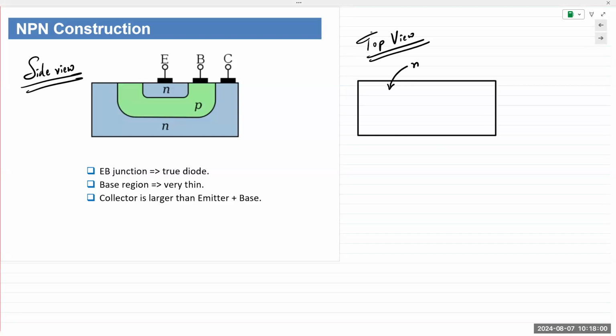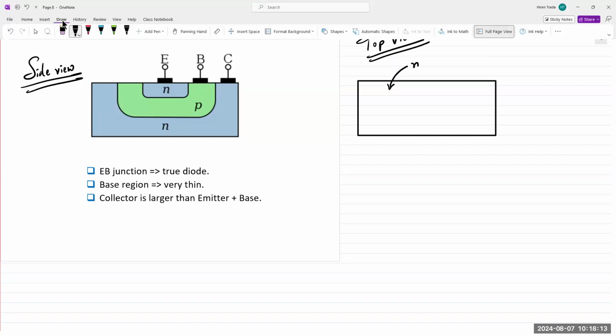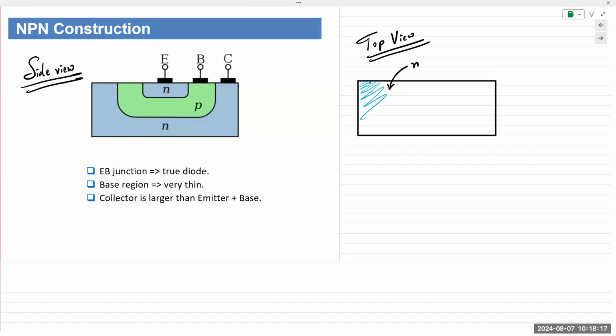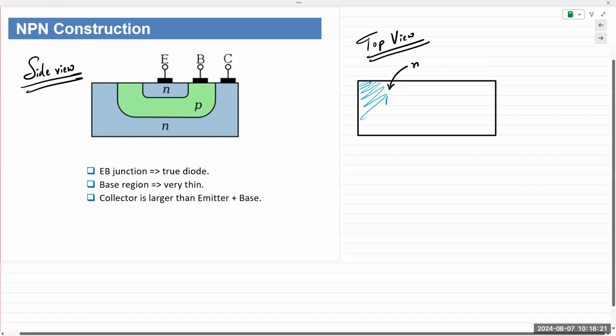I'll just spend a few minutes doing this, but after that, as non-E majors, we are more interested in looking at circuits using these transistors, not the transistor construction itself. So if I look at this, this would be all blue. I'm going to shade this.